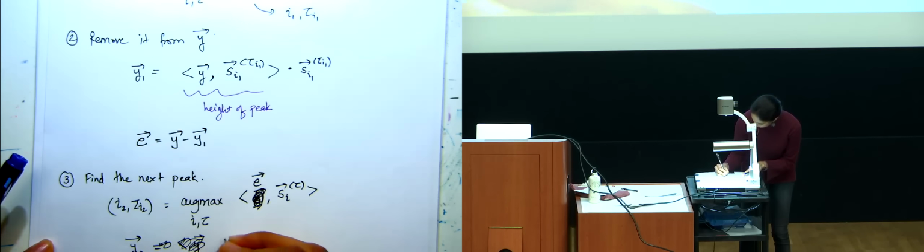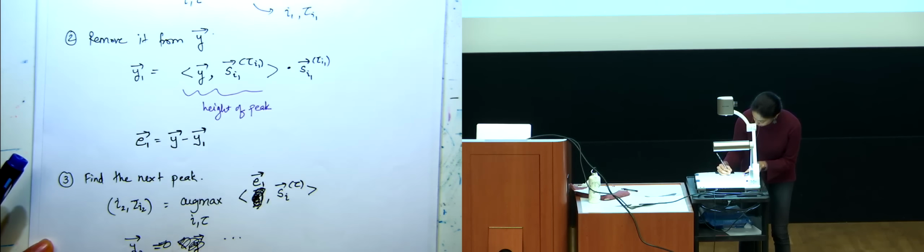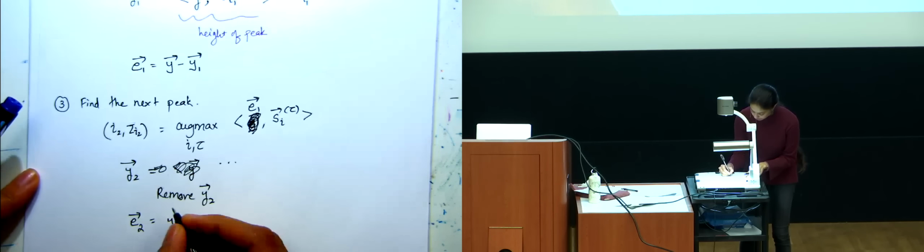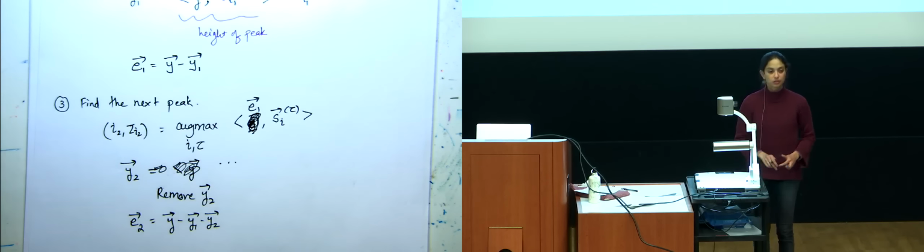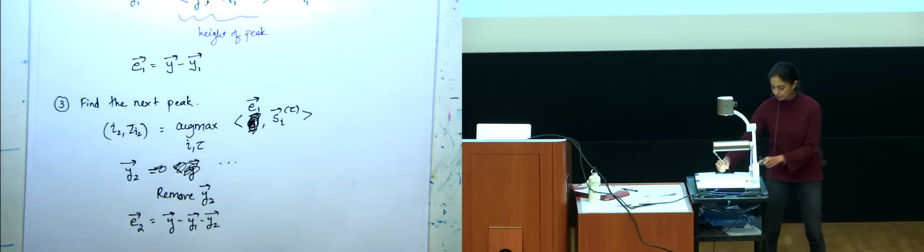And then remove y2. And then you have, again, your e. Let's call this e1, let's call this e2. e2 is now y minus y1 minus y2. And keep going.